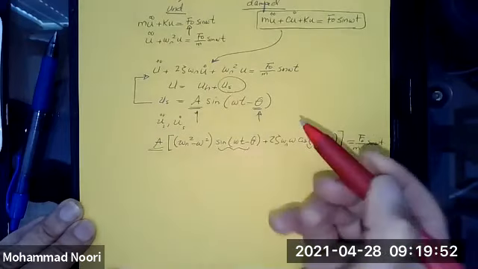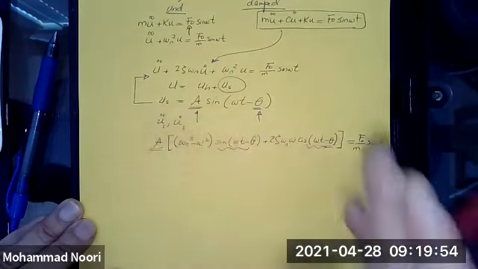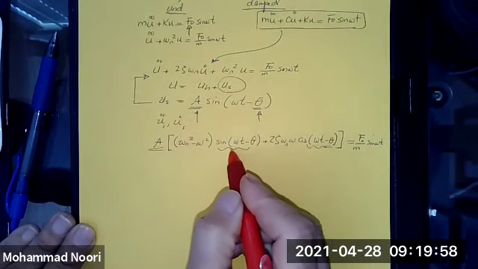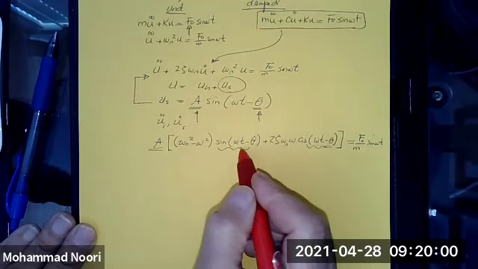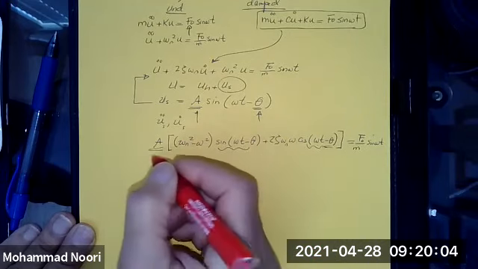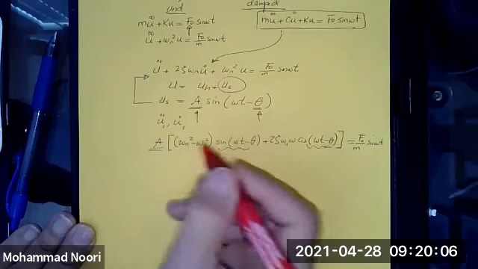So if you use the trig identity and rearrange the terms, you end up with basically only sine omega t and cosine omega t terms. These are the two equations that you end up with.